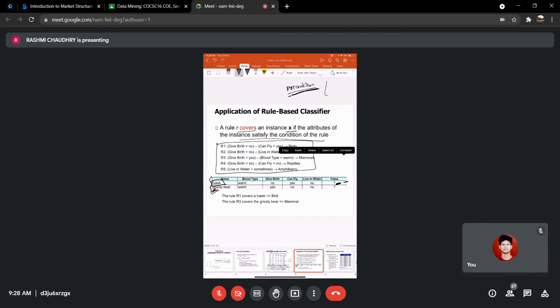Let's assume there is one data set and one entry xi, and one rule where the precondition is like this. Let's assume your record number is t. So the precondition of this rule is xi. Now if this particular record t is meeting this particular precondition, then I will say that this rule covers this particular record.